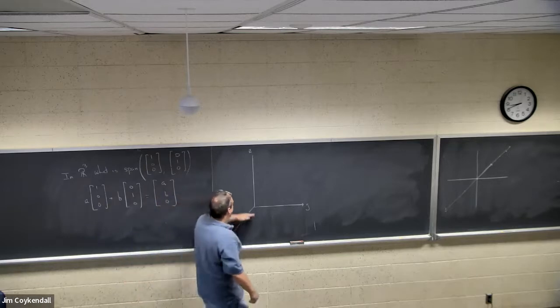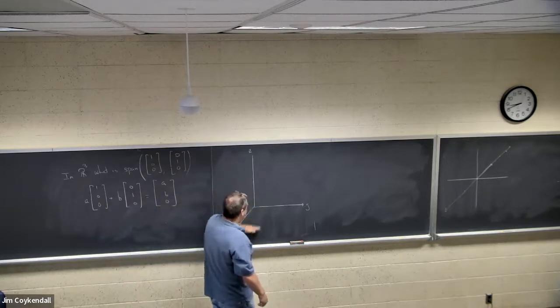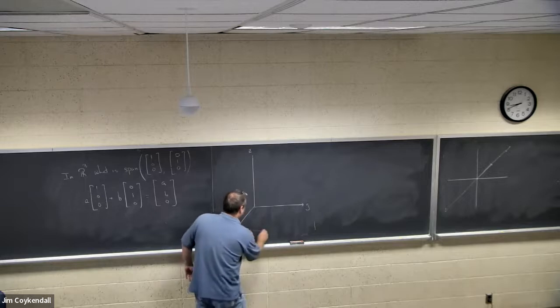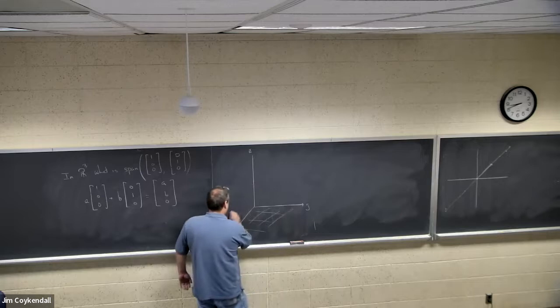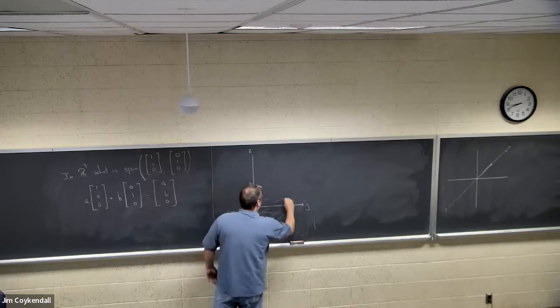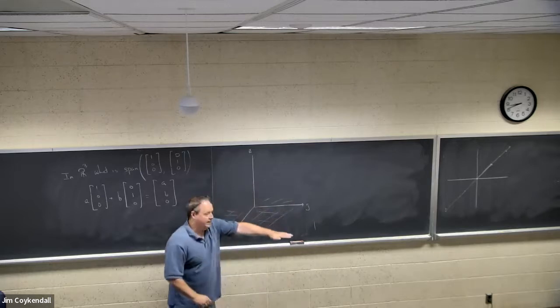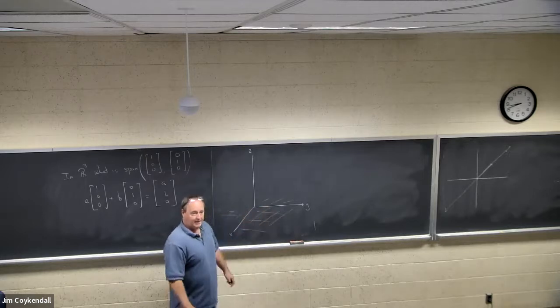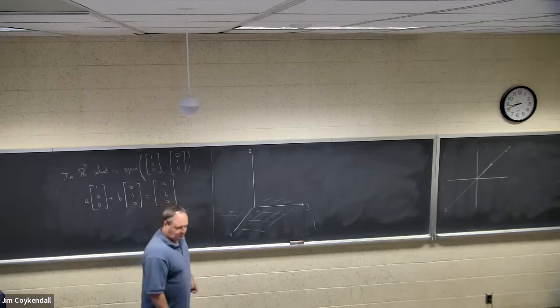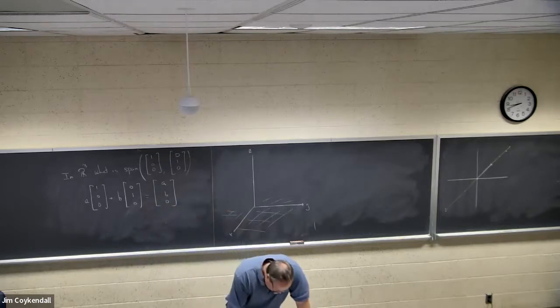So you can't go above and you can't go below, so it's actually this entire plane, the XY plane. It's this flat plane that's coming out of the board. Right, okay.